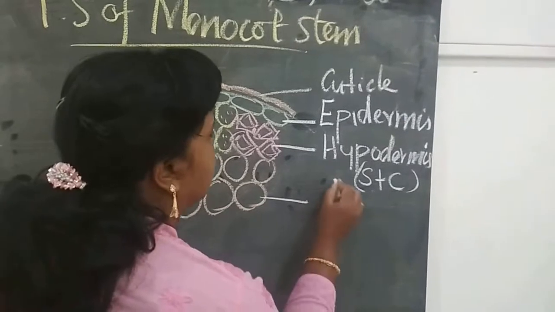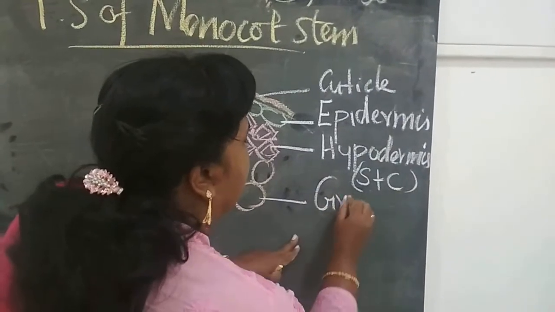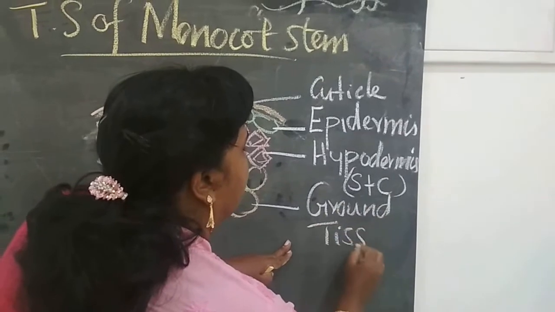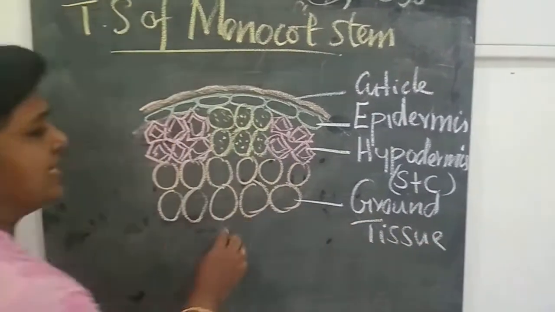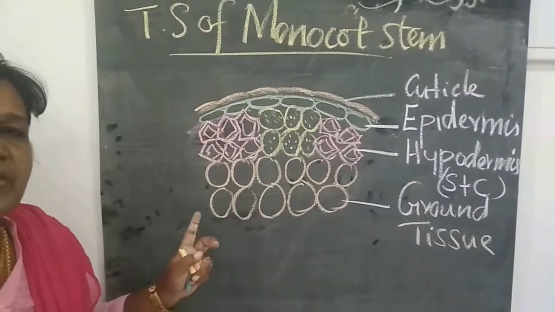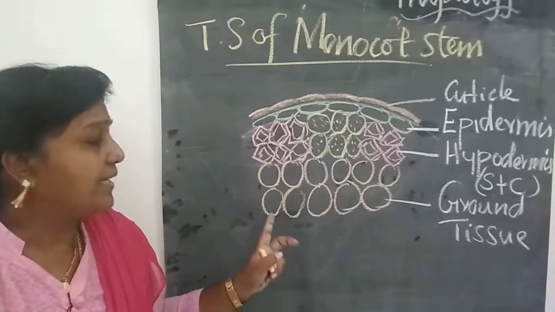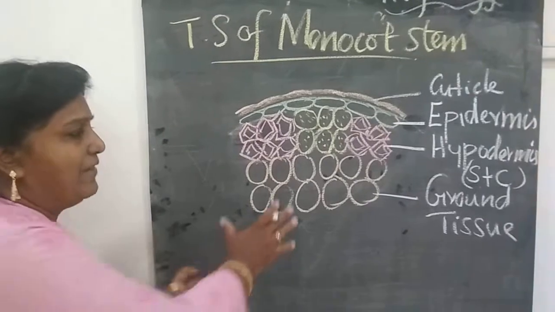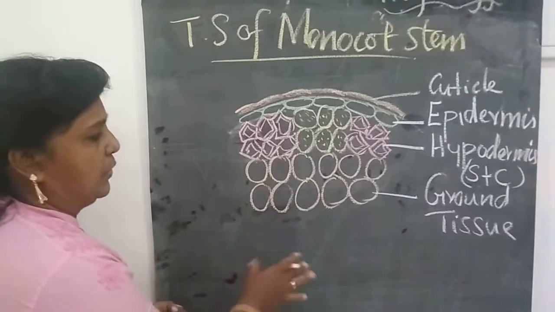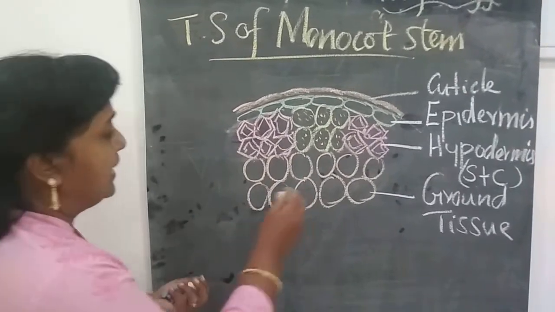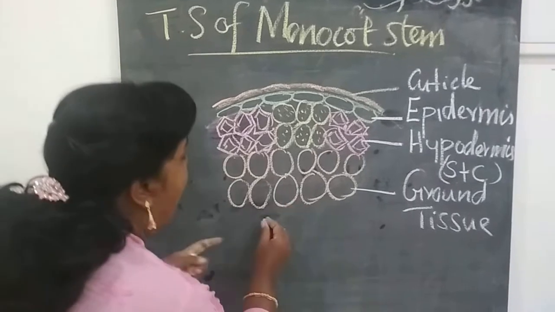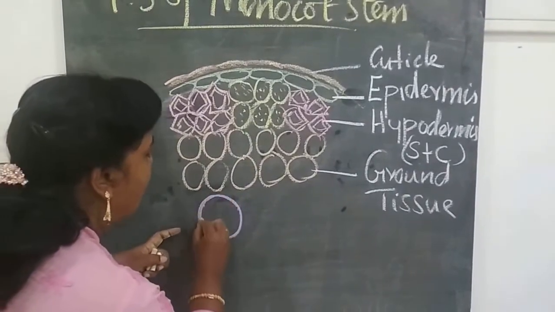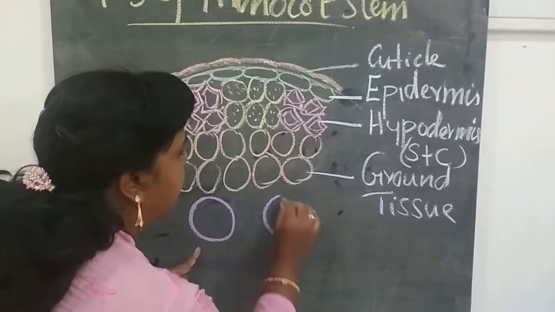Here the ground tissue is not differentiated into cortex, endodermis, pericycle and pith, so simply we call it ground tissue. In the ground tissue, there are few vascular bundles.